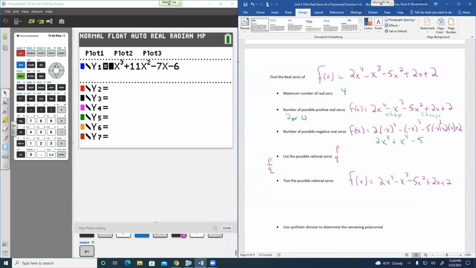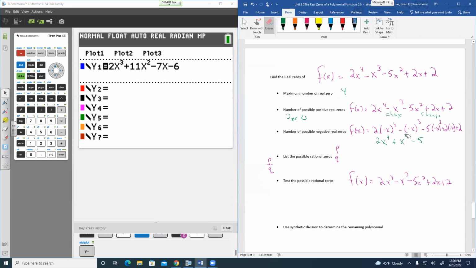Oops, where did I go wrong here? Okay, I think I should add a 3 there. Plus x to the 3rd. Minus 5x squared stays put. Minus 2x plus 2.